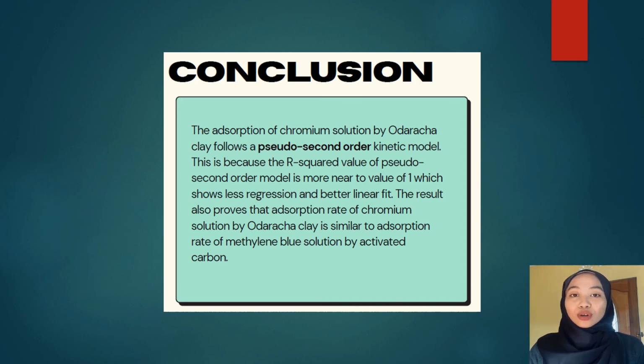It can also be concluded that the adsorption process of chromium using Odaracha clay follows the pseudo-second order kinetic model, as the R² value is near to 1, which shows less regression and a better linear fit. This result also proved that the adsorption rate of chromium solution by Odaracha clay is similar to the adsorption rate of methylene blue solution using activated carbon.